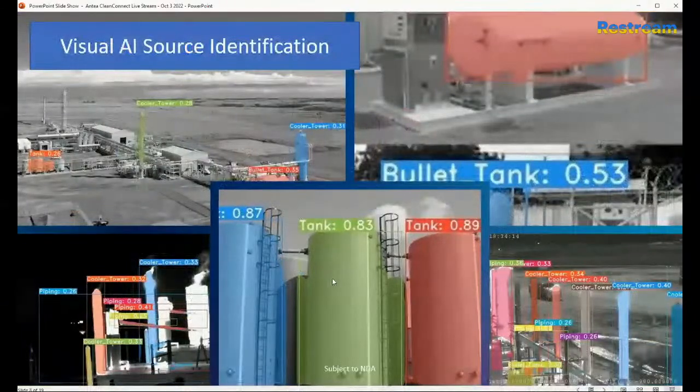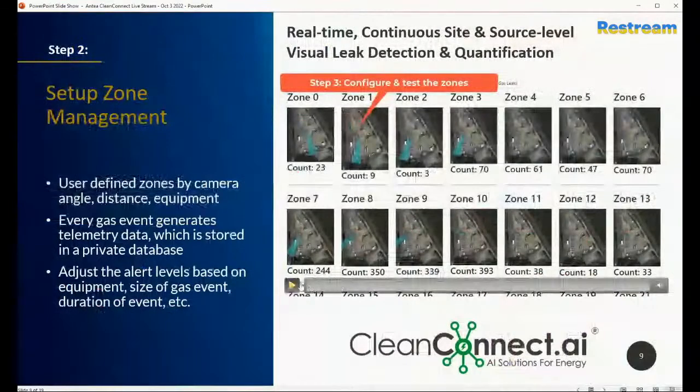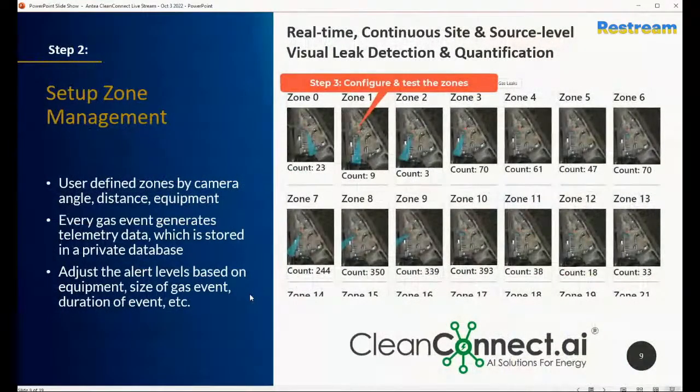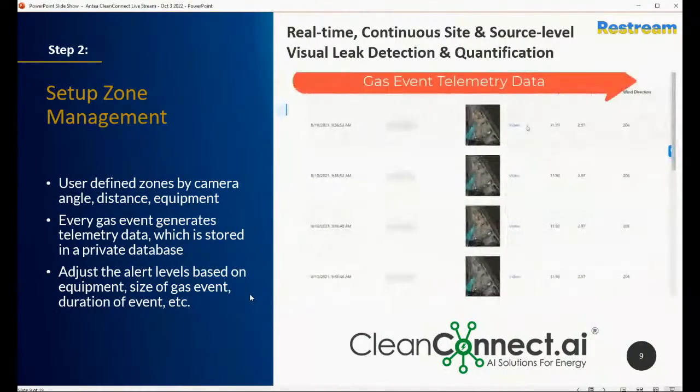Now, what that allows us to do is to start to identify the objects on a site. So it's not just looking at a blob of images, it actually knows what those things are and some characteristics about certain devices. We then allow the operators to set specific zones that they want to track, and to put metadata about that particular device.